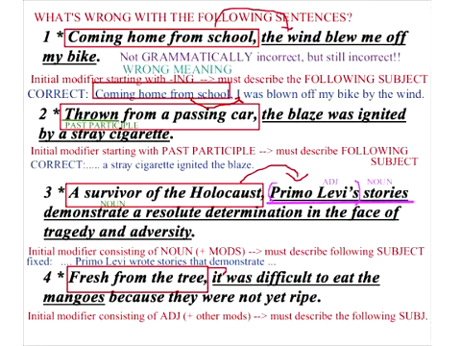This is not the mangoes. "It" is one of those special placeholder pronouns that doesn't really stand for anything. So to fix this sentence, we need to have the mangoes here: "Fresh from the tree, the mangoes were difficult to eat because they were not yet ripe." Okay, smiley face if this makes sense. If not, please ask a question.